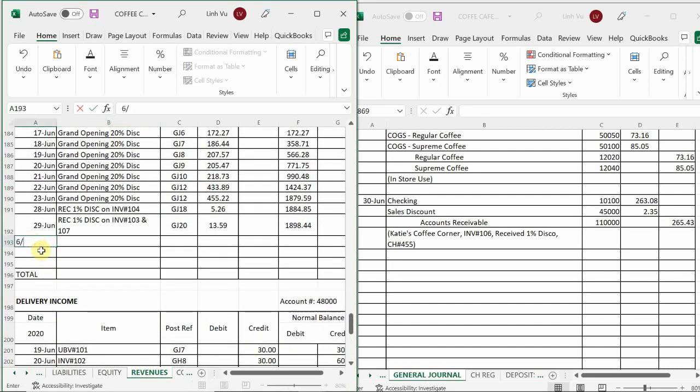We're going to go ahead and make a note that they received a 1% discount on invoice number 106, and that's going to be a total of $2.35.